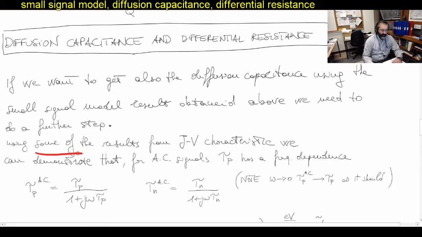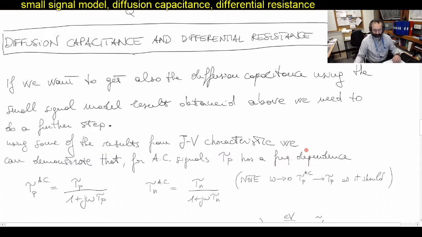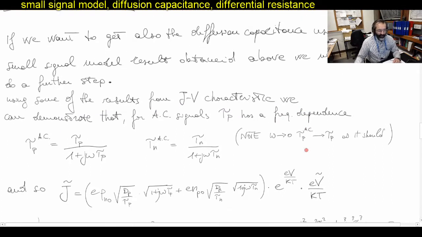Using some of the results that arise when we do the demonstration for the JV characteristic of the PN junction, we can demonstrate that the lifetime tau p or tau n is a function of frequency, as written here.